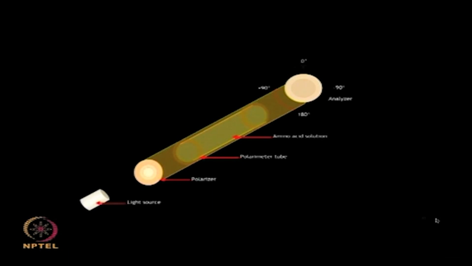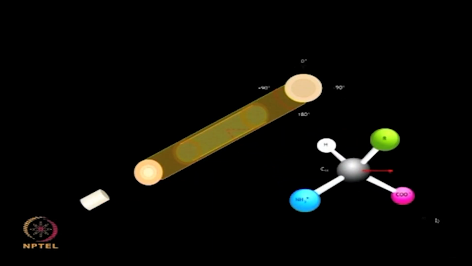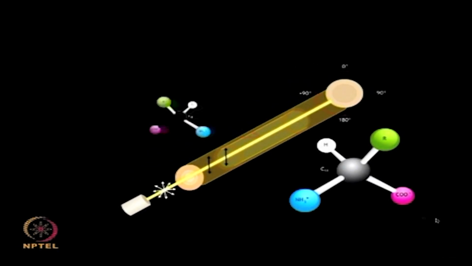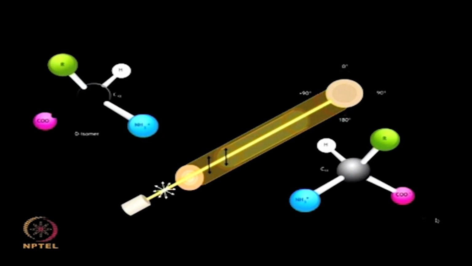All amino acids except glycine contain an asymmetric center that makes them chiral in nature, due to which they can rotate the plane of polarized light. The two enantiomers designated as D and L rotate the plane of polarization in opposite directions.